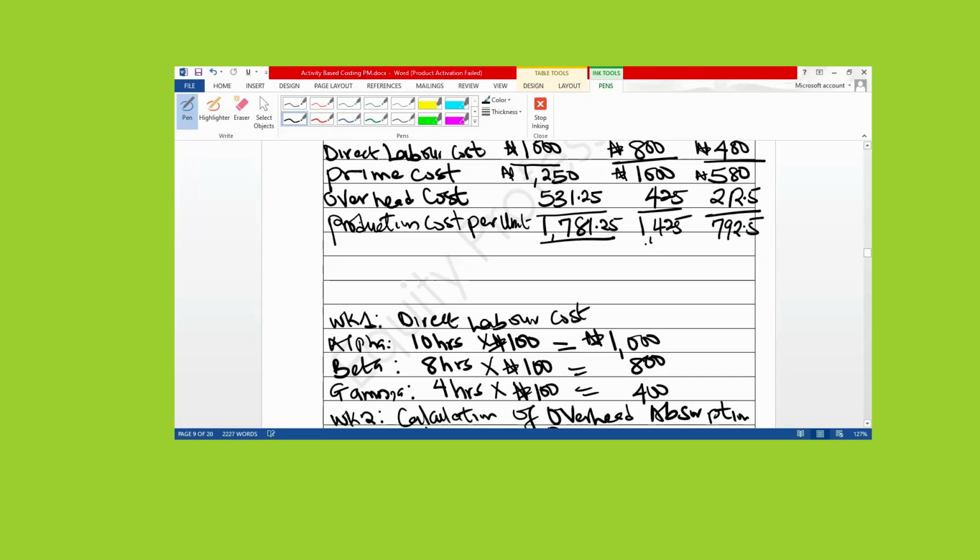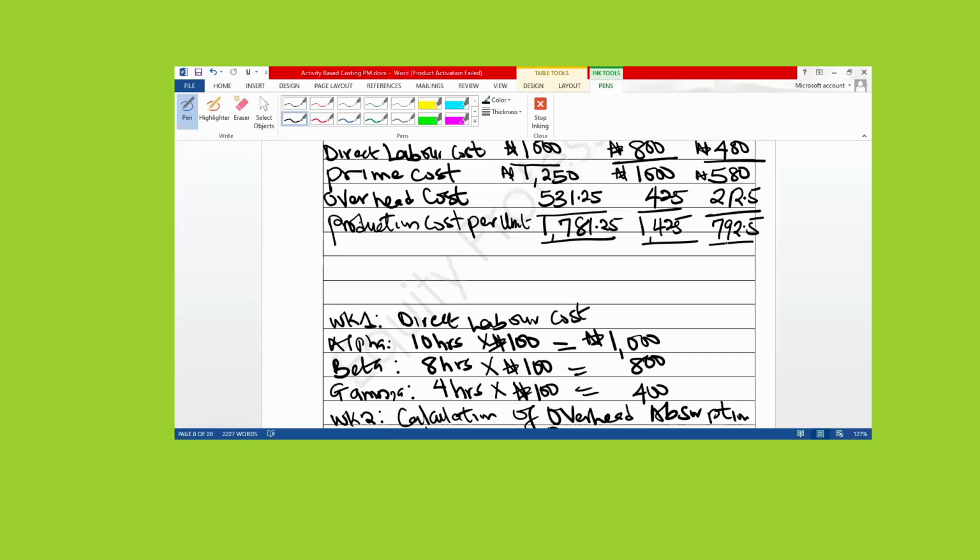You have resolved Figure 1, calculation of production cost per unit using the traditional direct labor hours absorption. Any question, please?